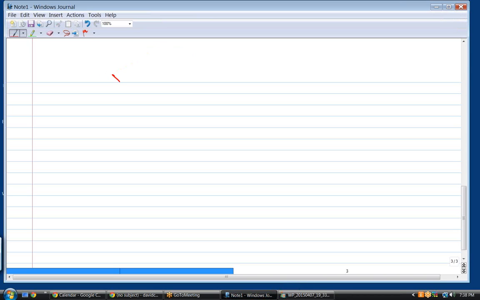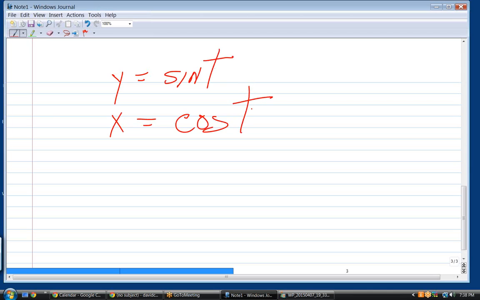If I said y is equal to sine of t, and I said x was equal to cosine of t, what are we looking at? What is that the curve of? Not sure. Well, you're always allowed to add equations.